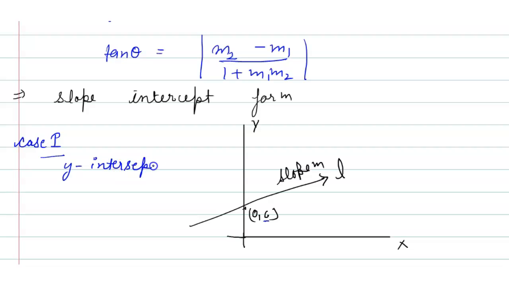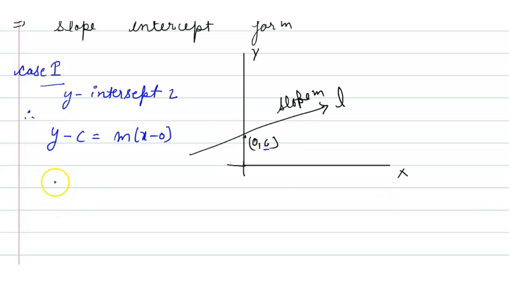Y-intercept of the line L, therefore by point-slope form the equation of L is y minus c is equal to m into x minus 0. Here the actual line, if given point (x1, y1), we write the equation of line as y minus y1 is equal to m into x minus x1.